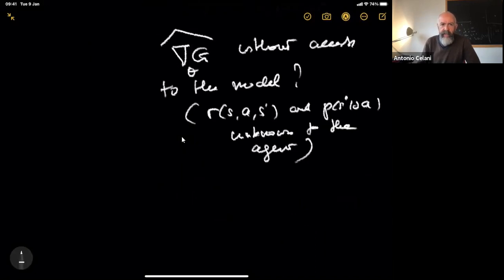So please, if you have any question or uncertainty or anything that you want to be clarified, just interrupt me at any time. So the answer to the first question is given by the policy gradient theorem.